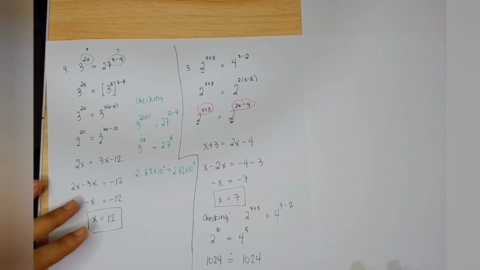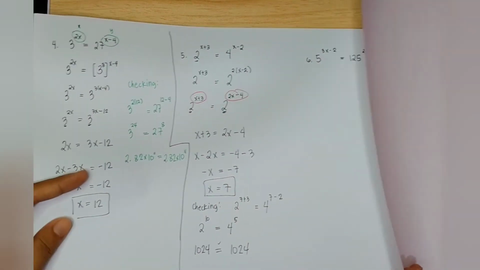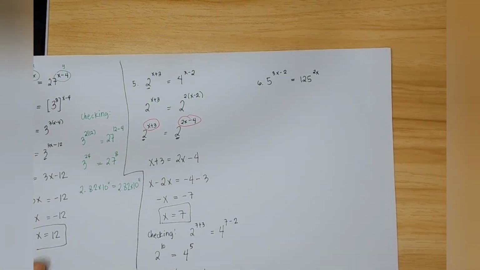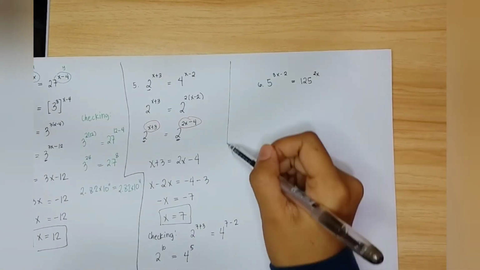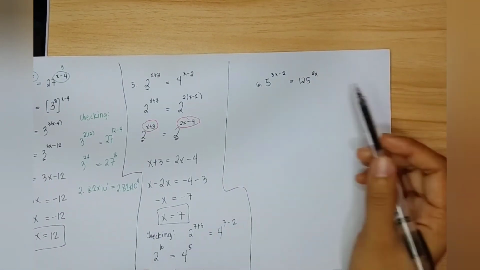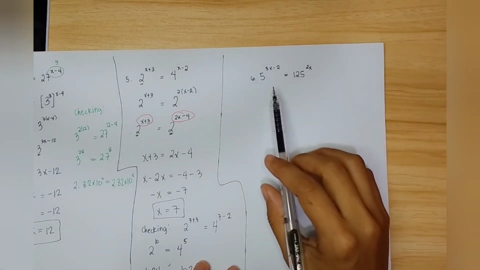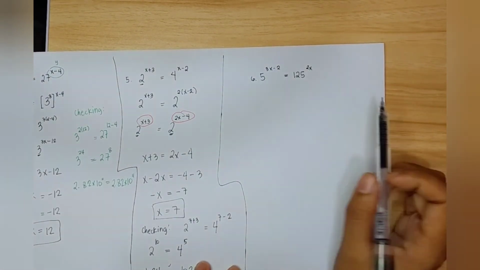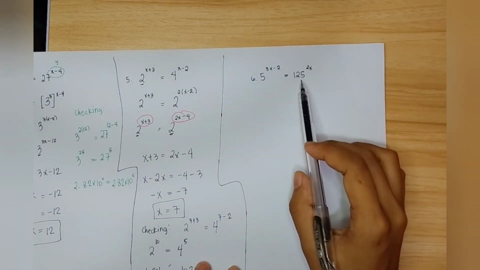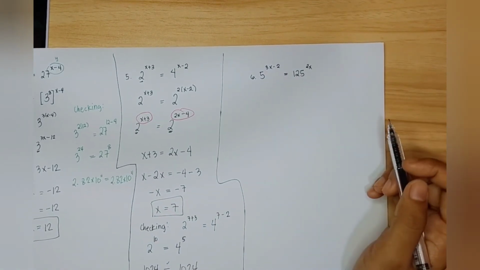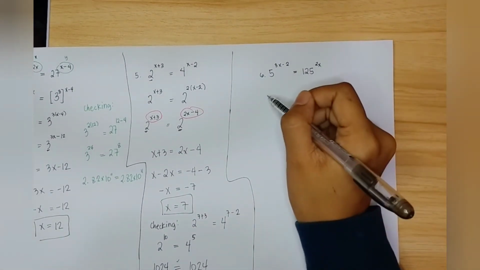Okay. Let's proceed sa last example. We have example number 6. So we have here our example number 6. 5 raised to the power of 3x minus 2 is equal to 125 raised to the power of 2x. Okay, so we have here, copy natin yung 5.